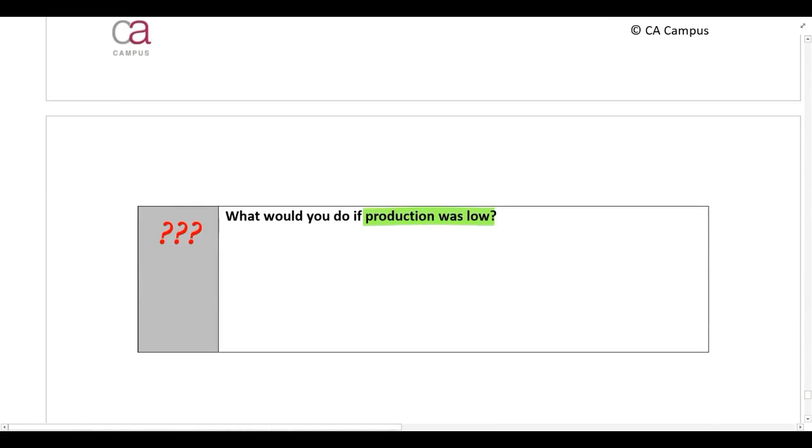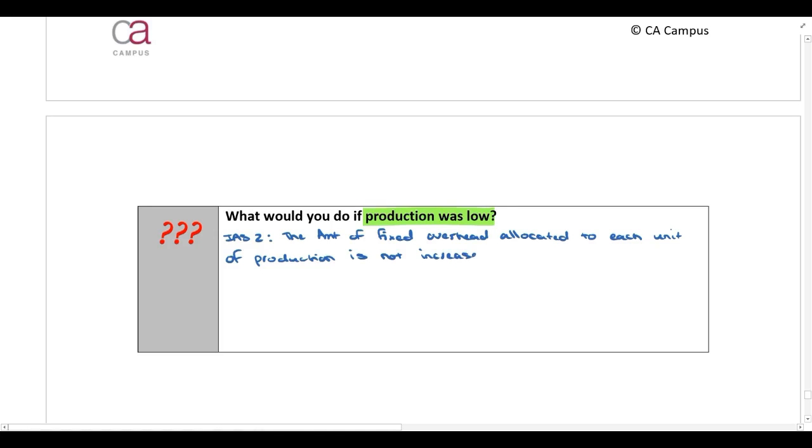If production is low, in terms of IAS 2, the amount of fixed overhead that we allocate to each unit of production is not increased. Or in other words, we don't recalculate the allocation rate.